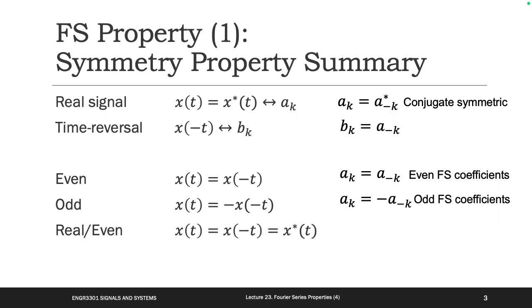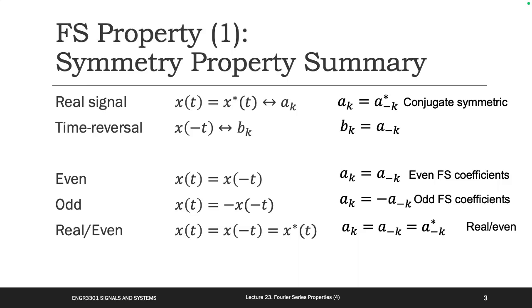For the real and even signals, we have this relationship for the FS coefficients, which means the FS coefficients will be real and even. Why is it even? Because this one equals this one. Why is it real? Because this one equals this one.